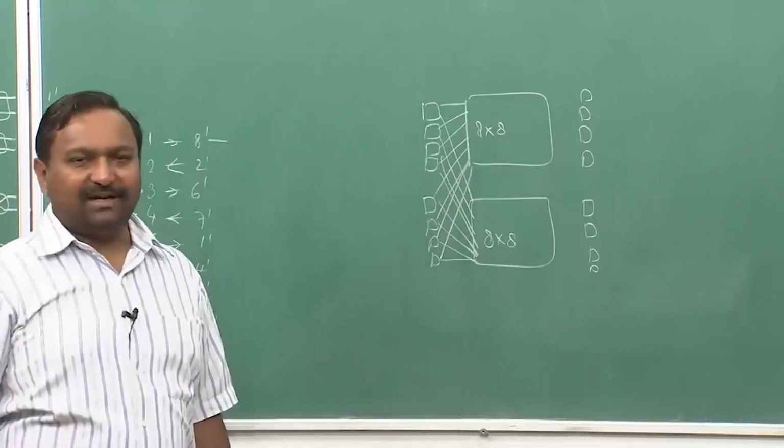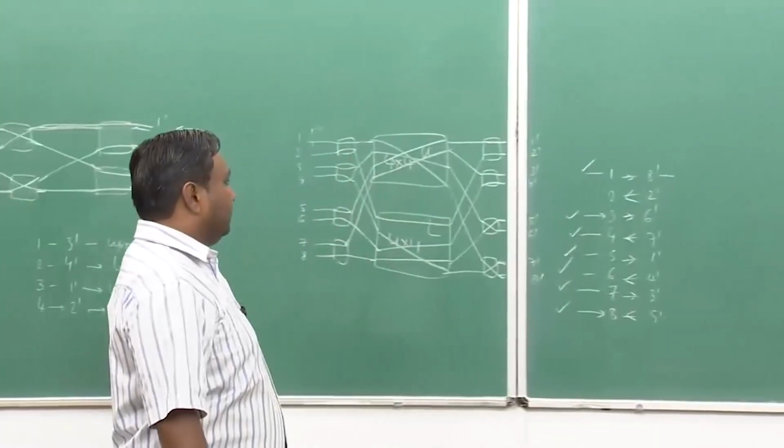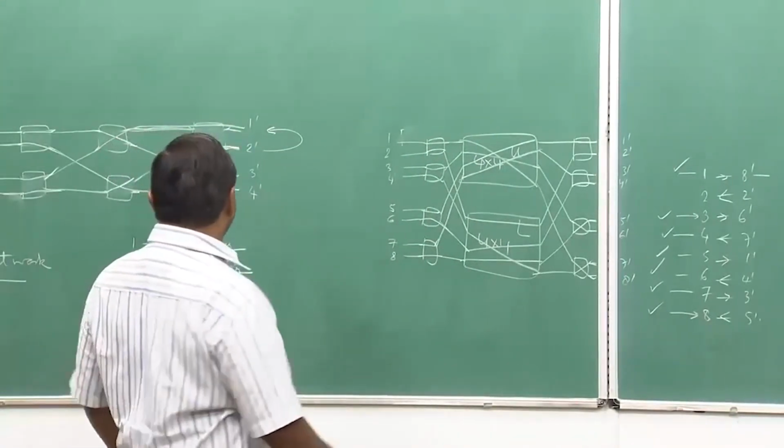Similar kind of thing on this side, it becomes a 16 by 16 Benes network. Okay. Benes network basically I have to replace this by here.